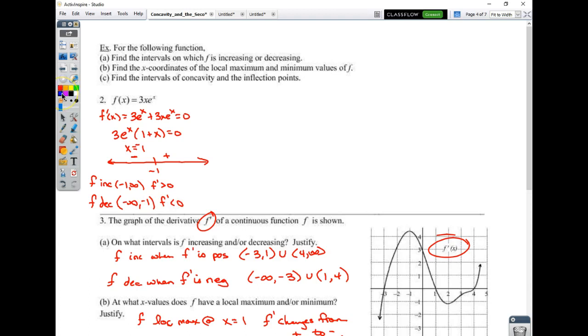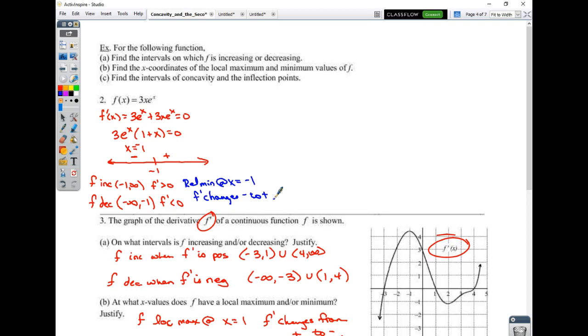Since I've got all of this, I'm going to just use this f prime graph to come up with the relative min and max. I only change from a negative to a positive, which means the only thing I really have is a relative min at x equals negative 1 since f prime changes from negative to positive.